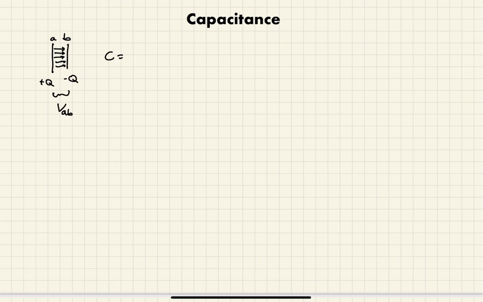So that's going to be equal to the charge over the voltage between them. And so you can think of it as if you have some amount of charge, the potential difference between them is a certain value so that the capacitance is constant. That's always going to be a constant. It doesn't change. It's unique for each capacitor, and we'll get into that in a second. But that usually is constant.